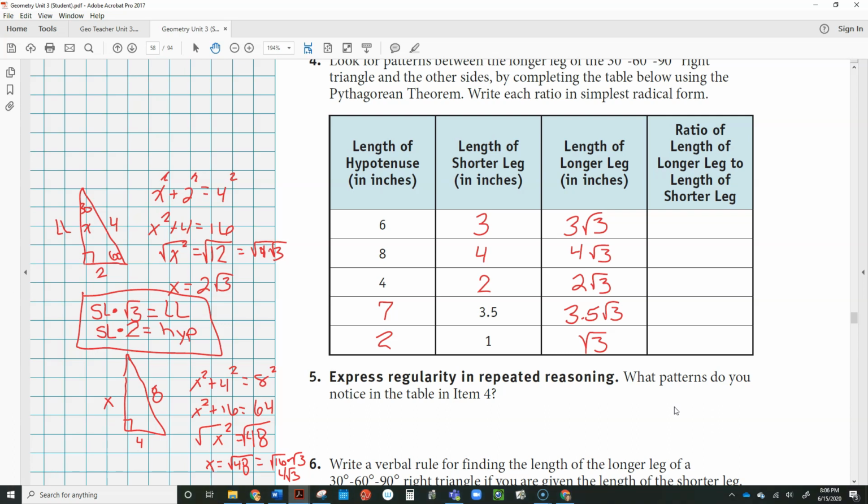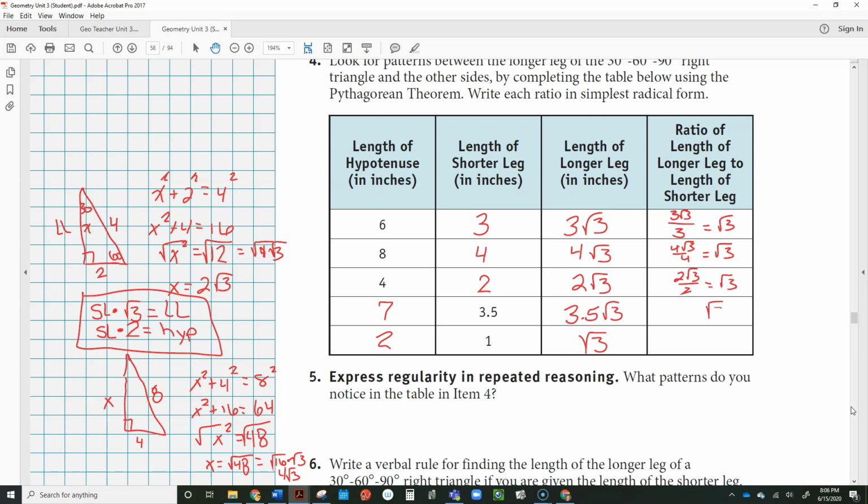Now here they want us to do the ratio of the length of the longer leg to the length of the shorter leg. So they want the long leg to go on top. So 3 square roots of 3 and the short leg on bottom. That comes out to the square root of 3. 4 square roots of 3 over 4 comes out to the square root of 3. 2 square roots of 3 over 2 is the square root of 3.